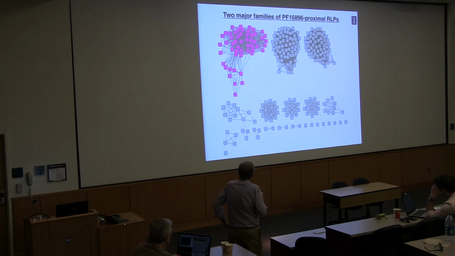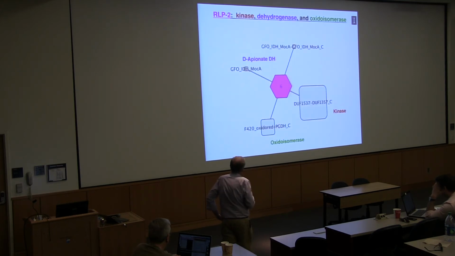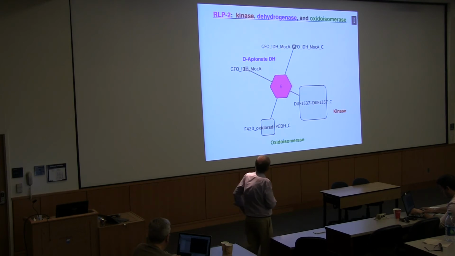All right, probably the most amusing, as far as I'm concerned, is this other cluster in the Rubisco-like proteins. And so it has a kinase, it has the oxidoisomerase, 3-oxo-isoapionate, and it has the enzyme that oxidizes apiose to apionate. Okay, so what does that do?